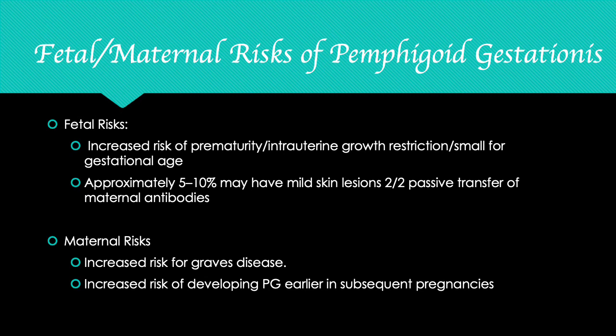And then, as I mentioned on the previous slide, there's an increased risk of Graves' disease for moms, and an increased risk of developing this skin rash in subsequent pregnancies, but oftentimes it presents earlier, and the subsequent pregnancy is also a little bit more severe.